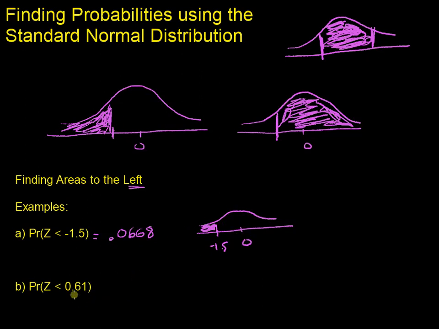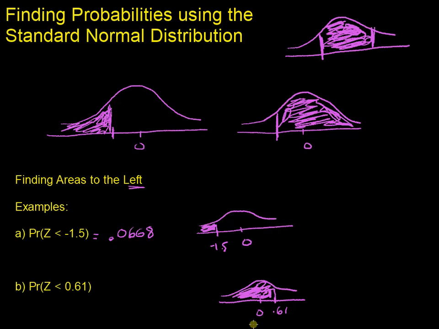Another example. What about if z is less than positive 0.61? Let me try to draw that slightly better. So here's 0. Remember, 0 is always in the center of the standard normal distribution. So positive 0.61 would be over here, and we're trying to find this area back here. So we're expecting this number to be more than 0.5, more than half.